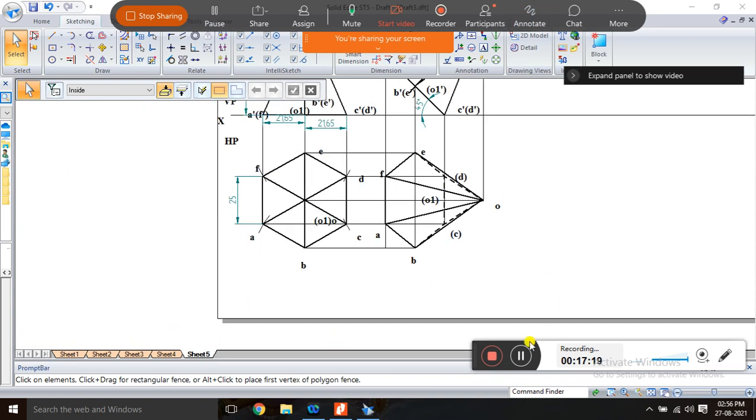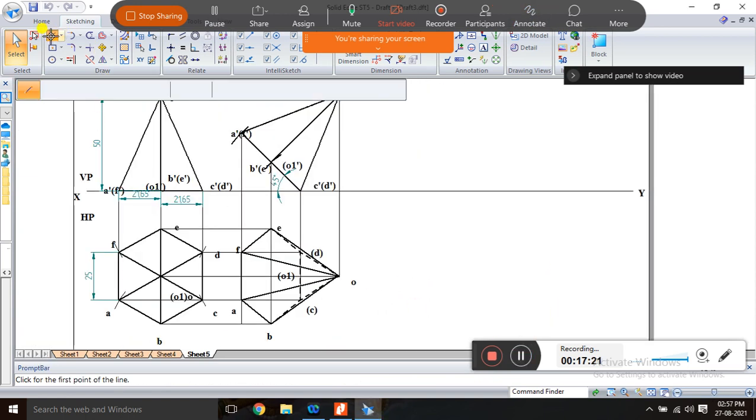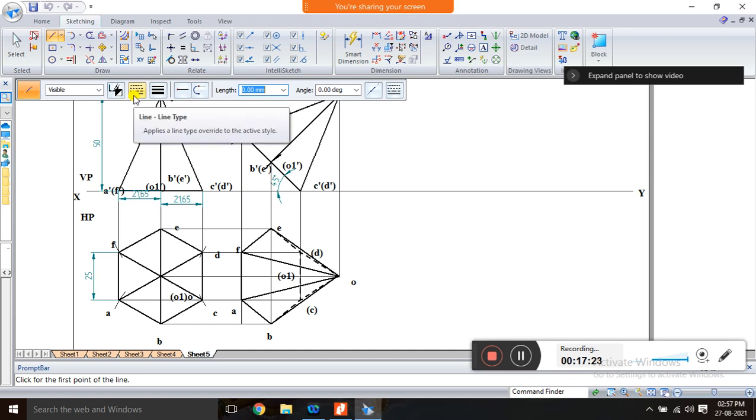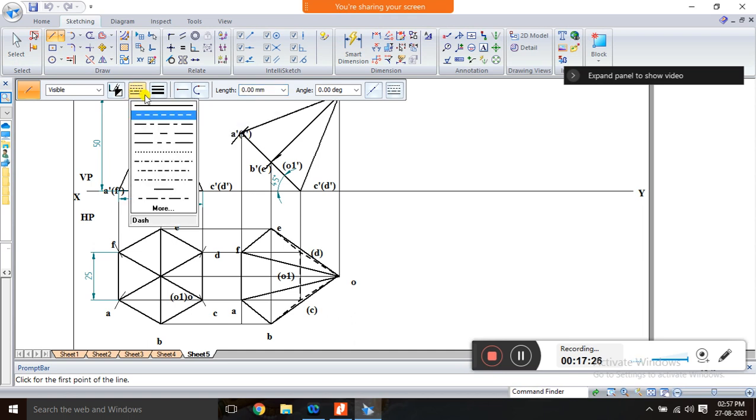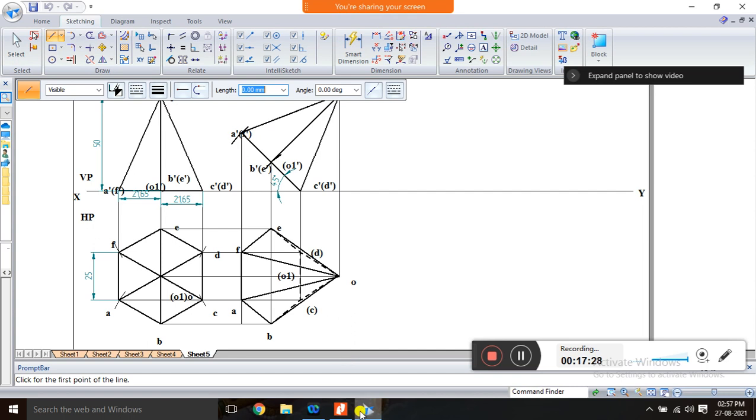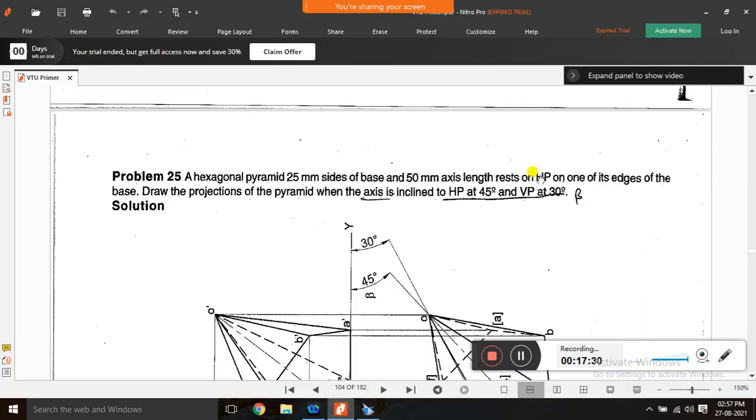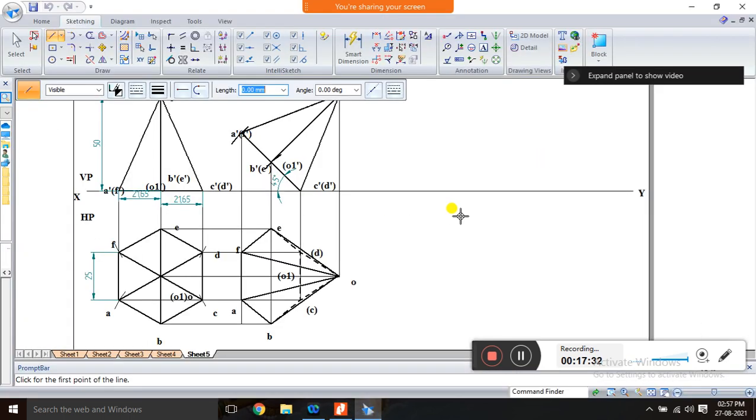Okay. So next, third position, VP of 30 degree. Here you draw a line, and from here to here you draw 30 degree. So place your protractor, mark 30 degree and draw a line.